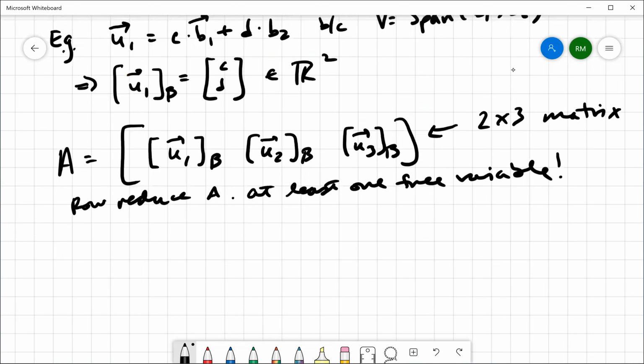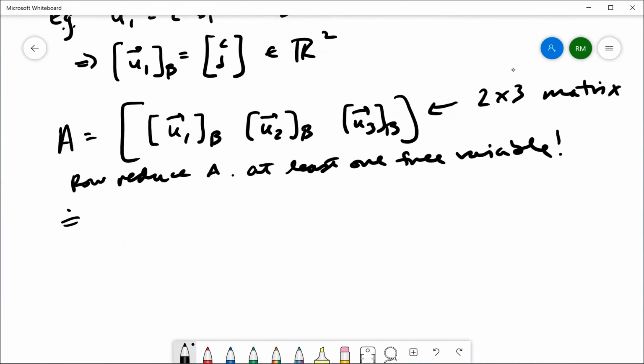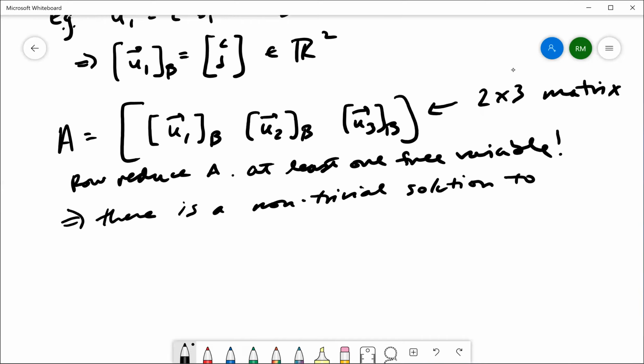So at least one free variable tells us that there is a non-trivial solution to this equation.